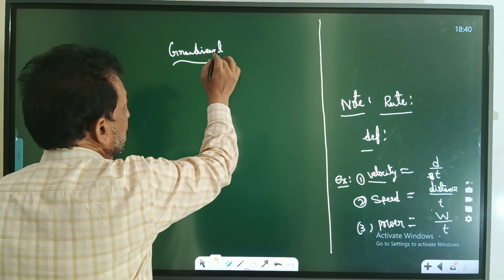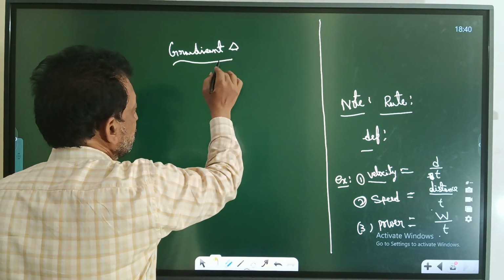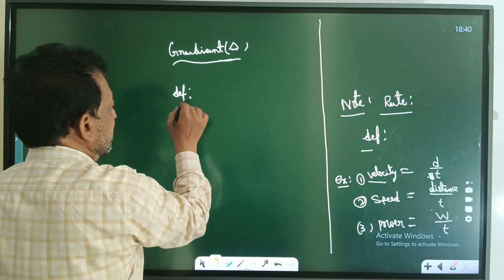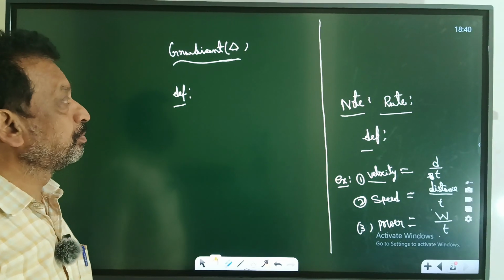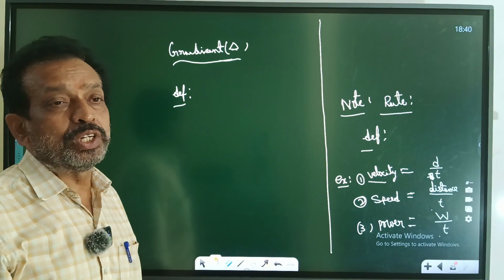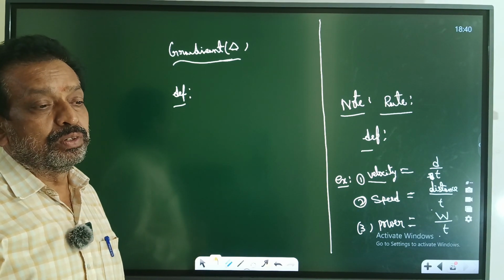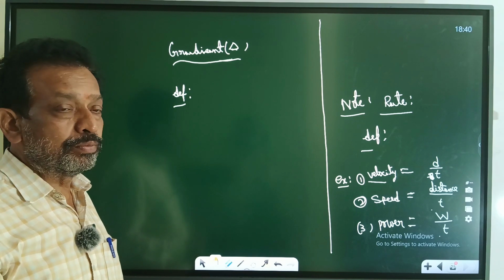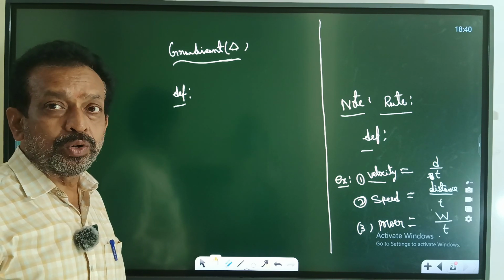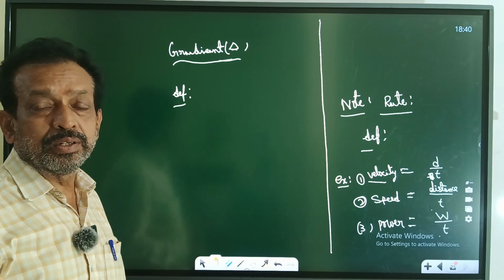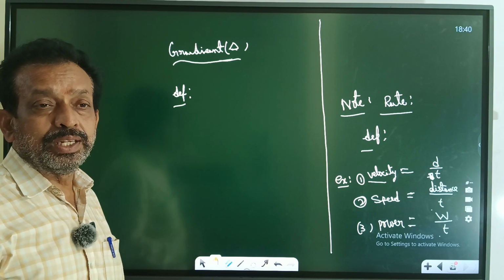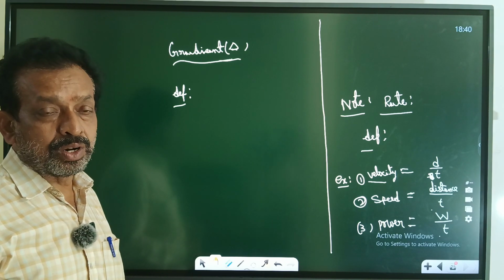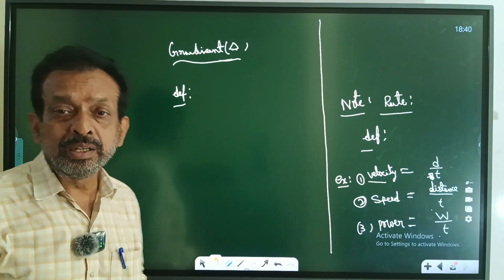So we are going to get del. Definition: if anything is going to change with respect to distance or displacement, it is called gradient.